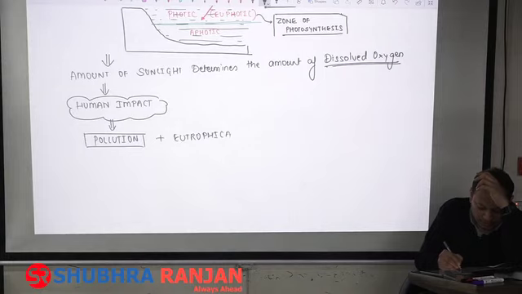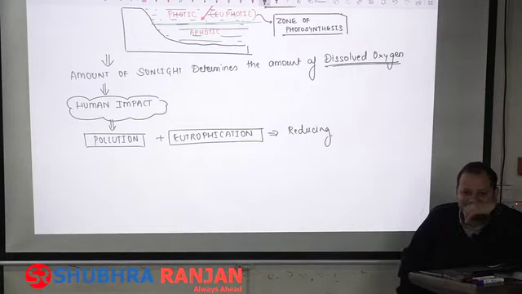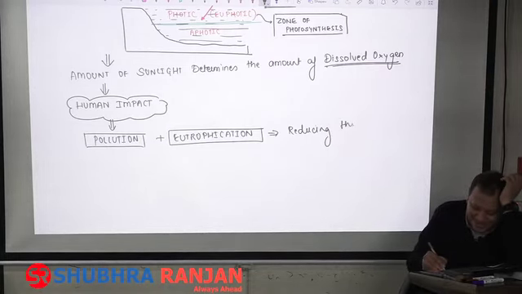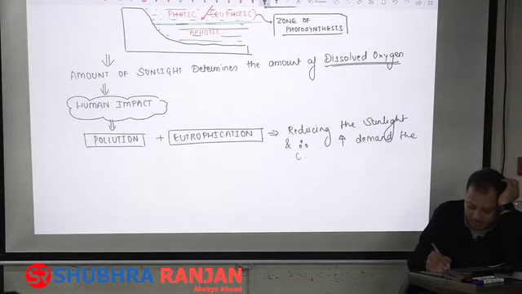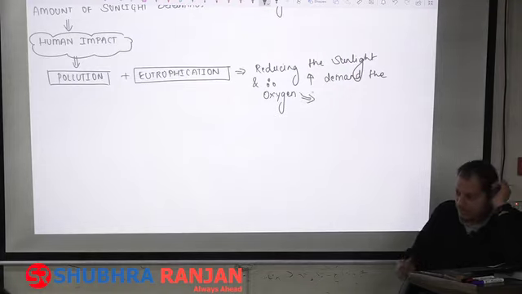Pollution and eutrophication are reducing the sunlight and therefore increasing the demand of oxygen. Increasing the demand of oxygen.